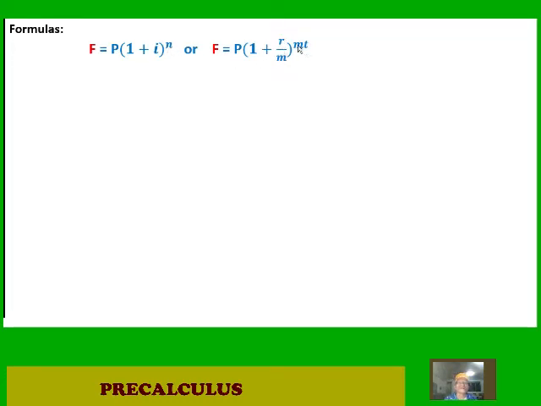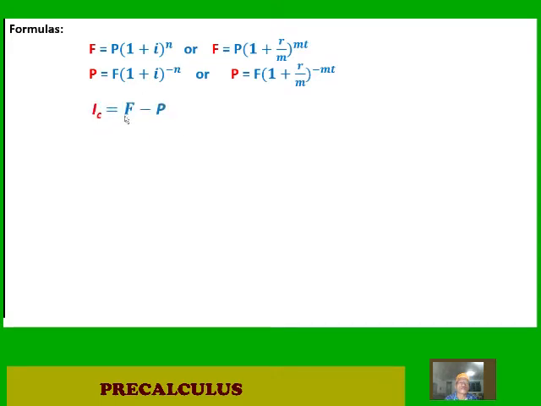N is equal to m times t. Okay, present value P is equal to F times quantity 1 plus I raised to negative n, or substituting I with R over M and N with MT.